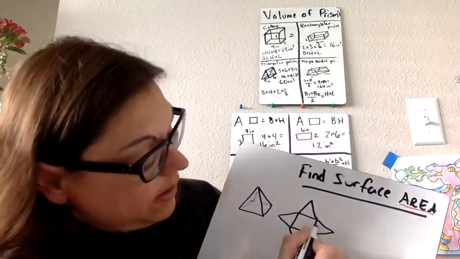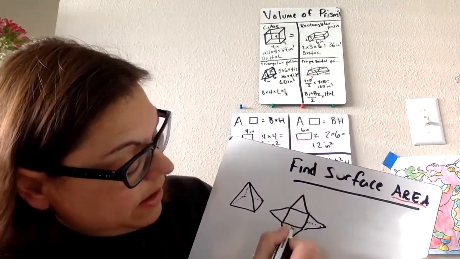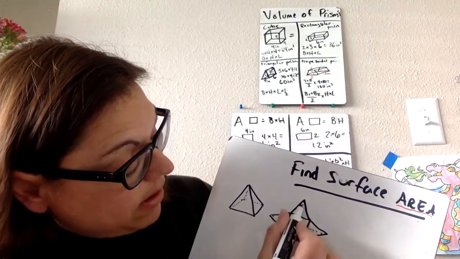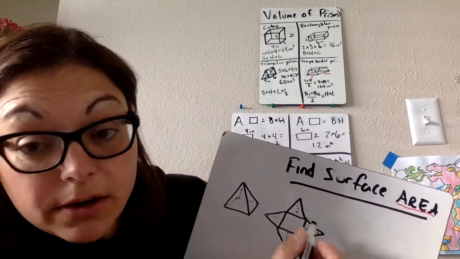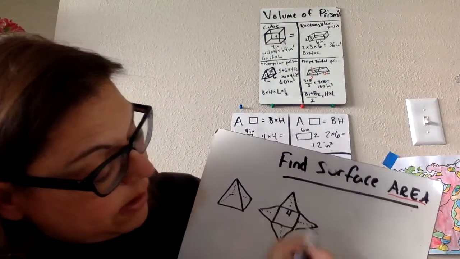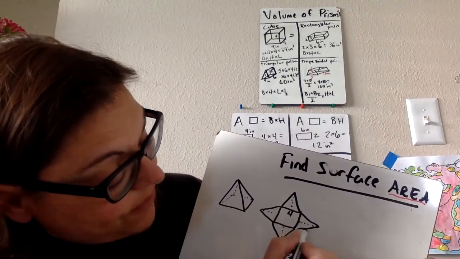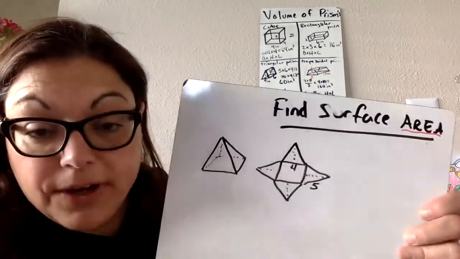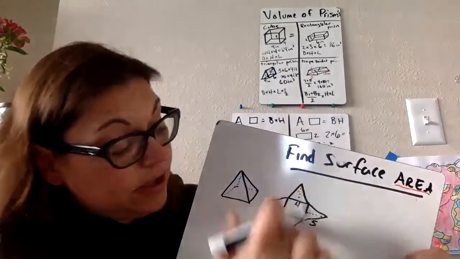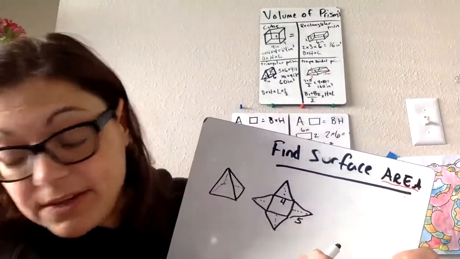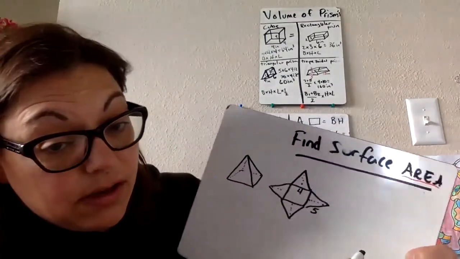So now, since I have it out like that, why don't we go ahead and make our dimensions, okay? So how about we say, since it's a square, we'll say this is 4, right? And we'll say the height is 5, okay? The height is 5. So now we have 5 different shapes. We have to find the surface area.